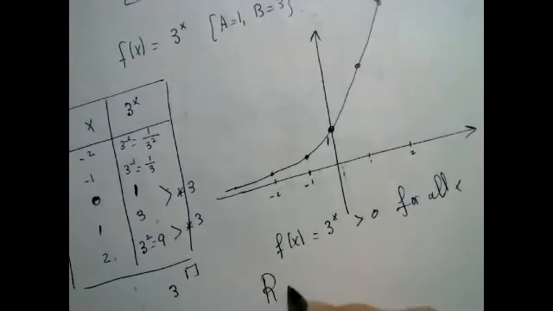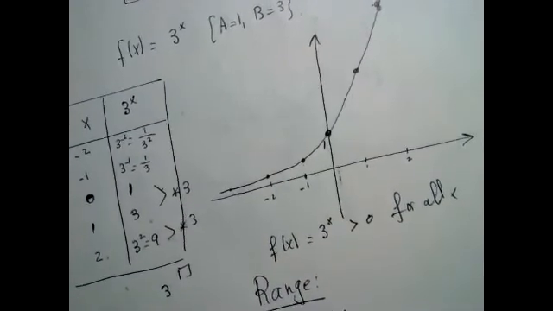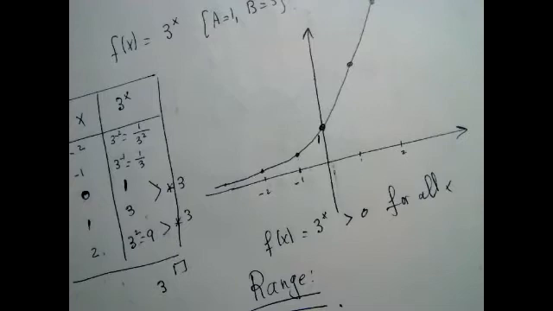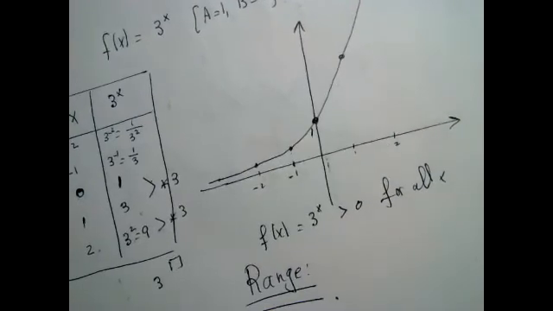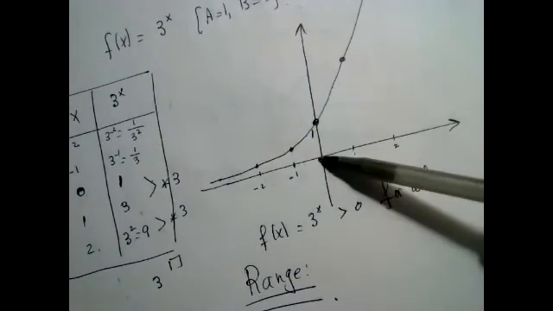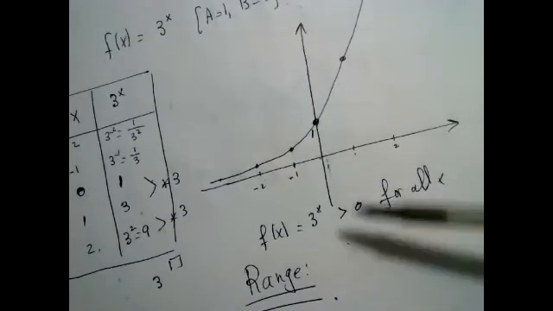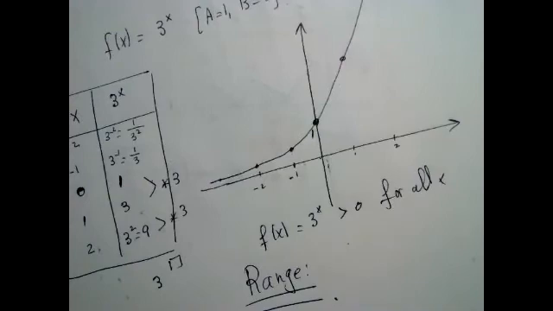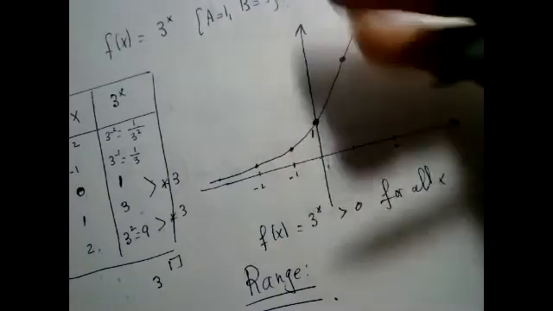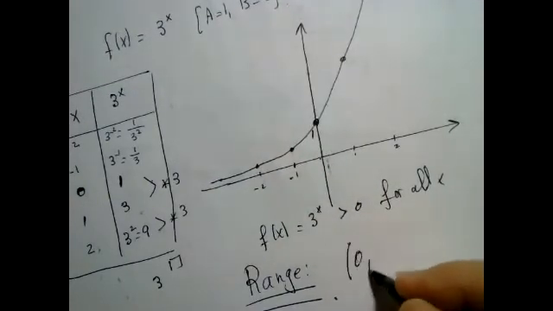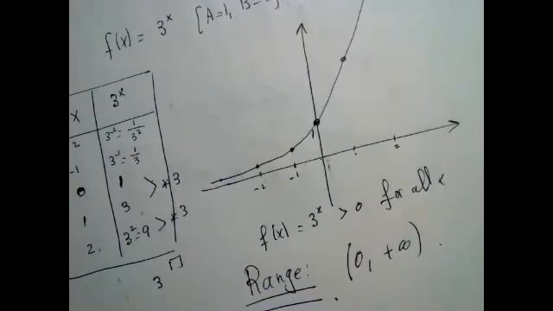So what's the range of this function? What are all the output values of this function? It's never 0, and it's never negative. So the output values are all the positive numbers, from 0 all the way to infinity.